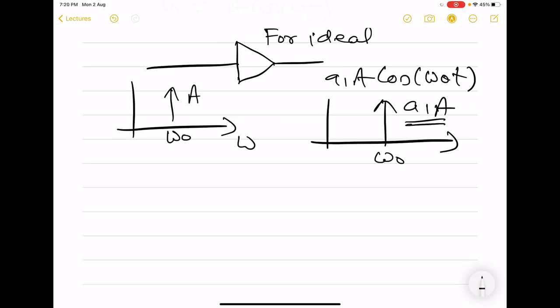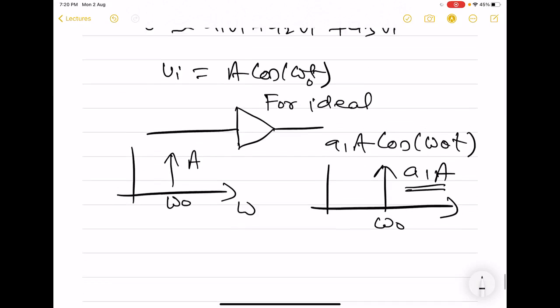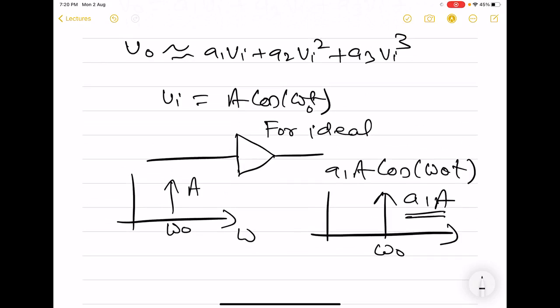When we talk about a nonlinear amplifier, it will change both aspects of the input signal. That means it will modify the frequency and of course the amplitude as well.